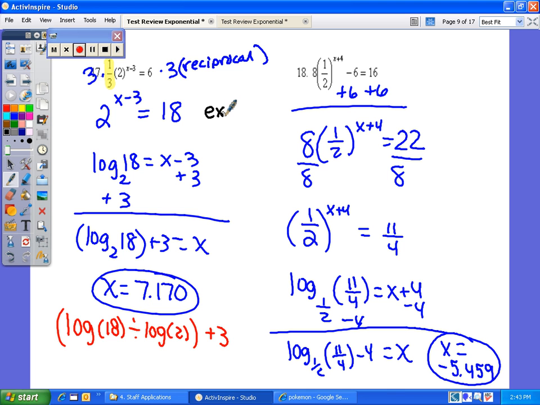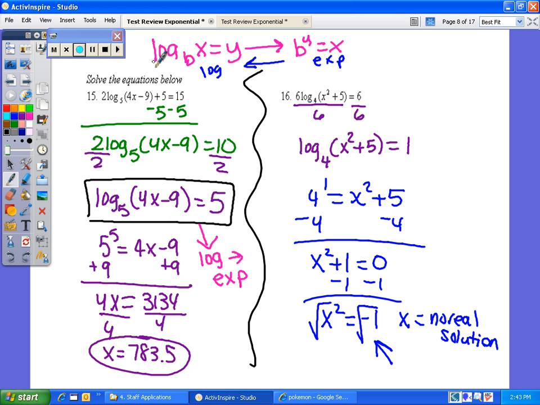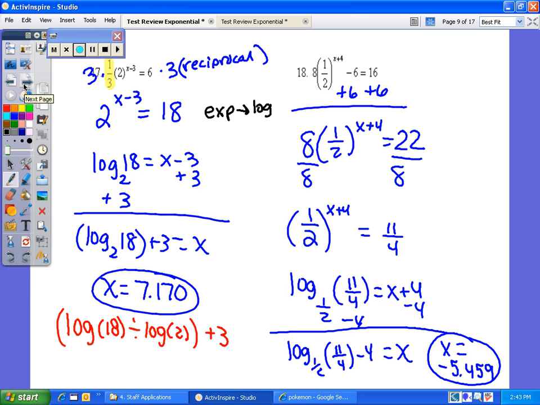So now you have to go from exponential to log. Okay, go to the page before this one to see what it should look like. So your base stays the same. Switch these two places. So 18 goes to the left, x minus 3 goes to the right. Add 3 on both sides, and here you have log base 2 of 18 plus 3 equals x.